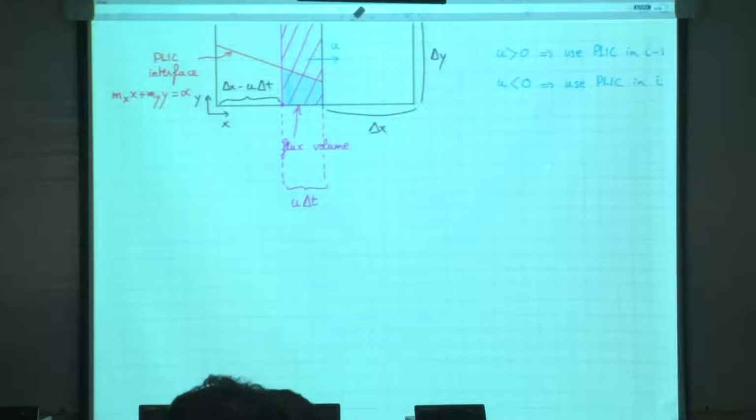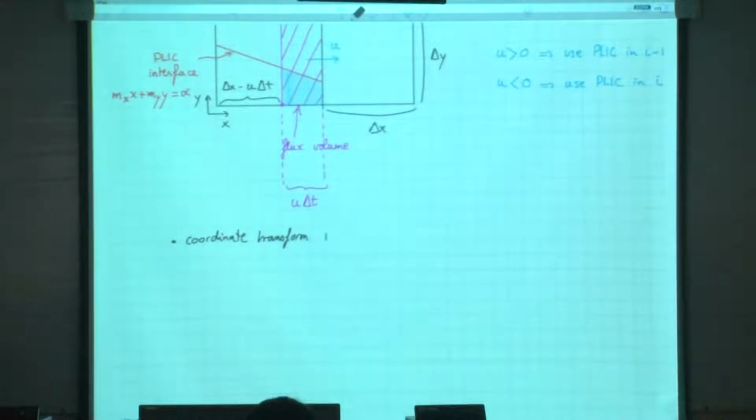So the step involves a coordinate transformation plus rescale.